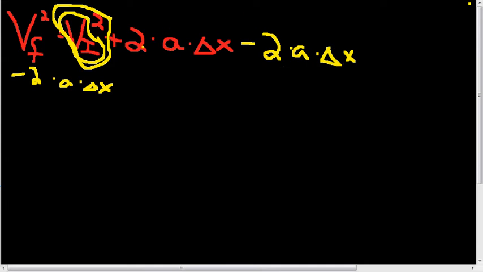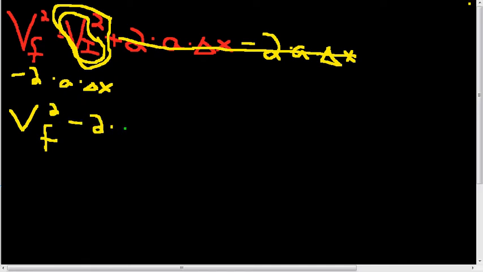Anything minus itself is 0, so this whole right side cancels out, and all we're left with is the VI squared. However, on the left side, we have the VF squared still, minus 2a delta x. And as I said, on the right side, we still have this stuff here.